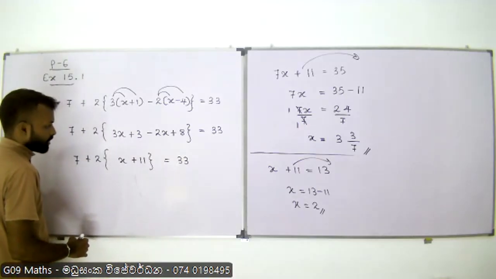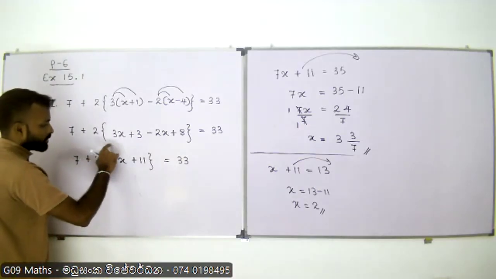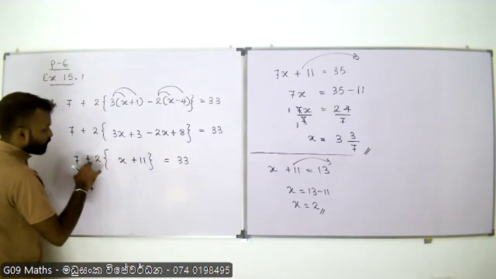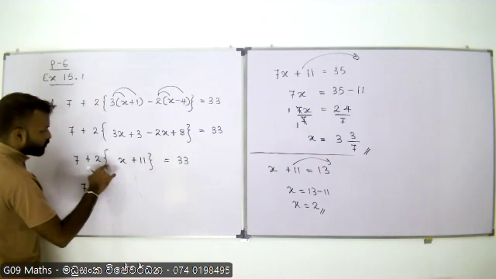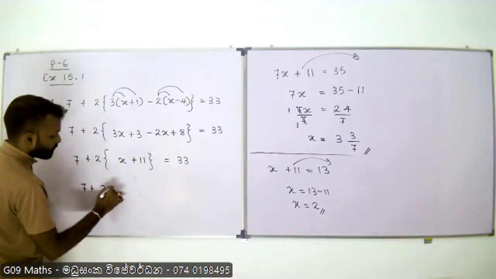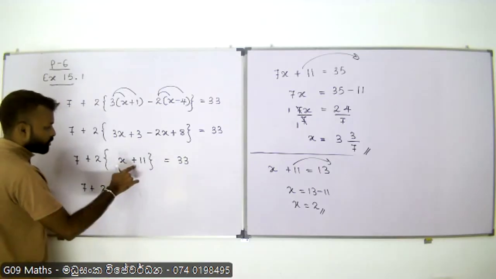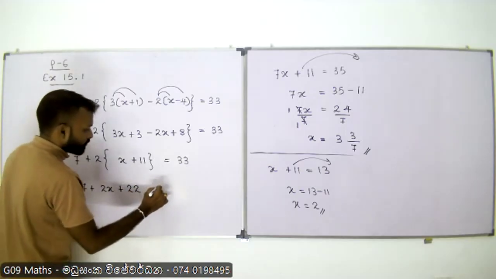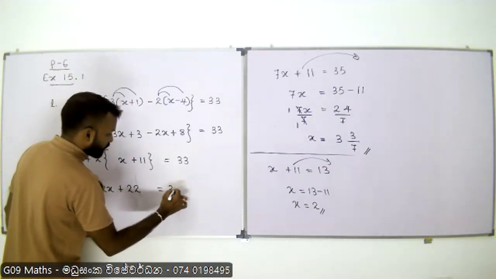So now you can remove the curly brackets. 7 plus positive into positive, positive, 2 into x, 2x. Positive into positive, positive, 2 into 11, 22 is equal to 33.